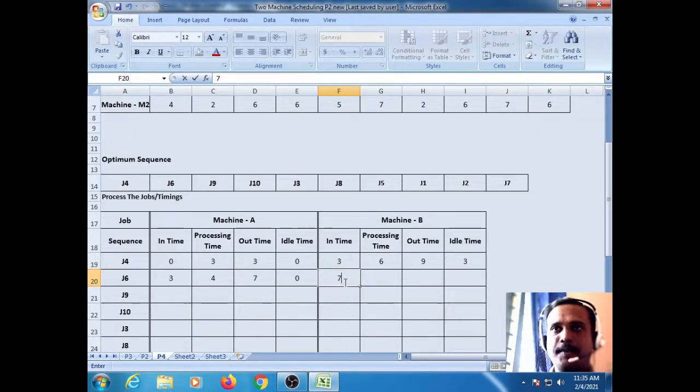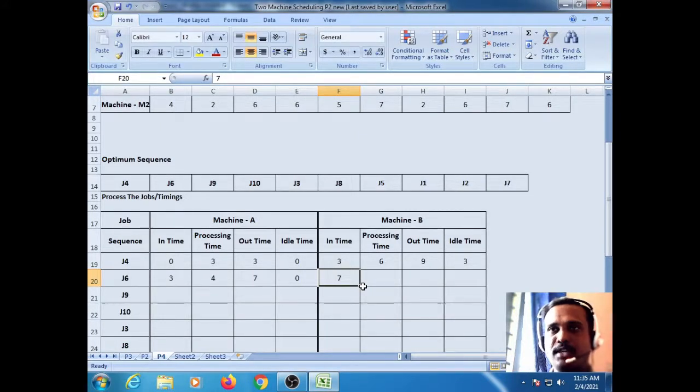But here we need to check one more thing for taking the in time for machine B. At 7th hour the job is ready, it processed on machine A, that's okay. But here we have to check, is the machine ready to perform? That we have to check.